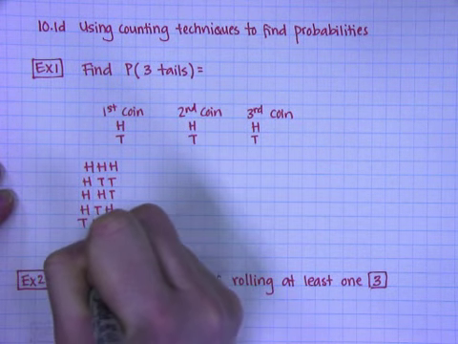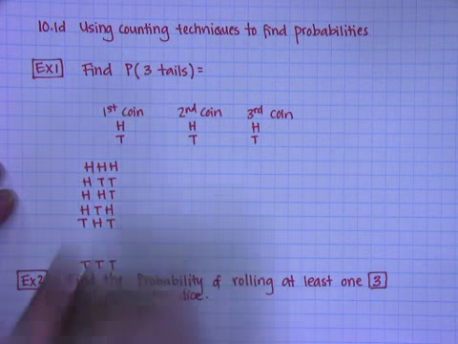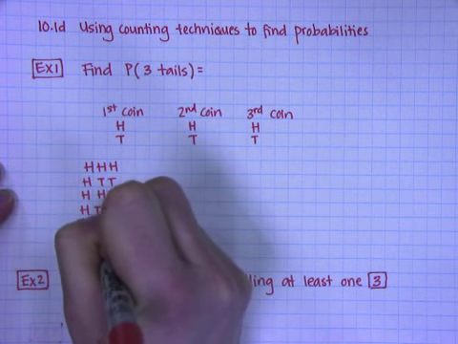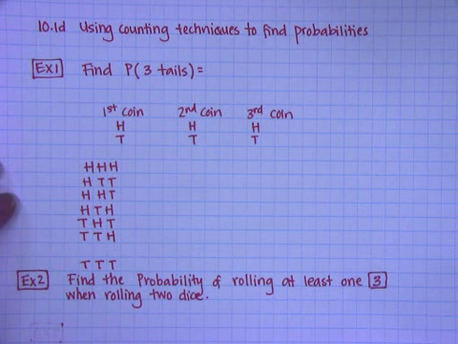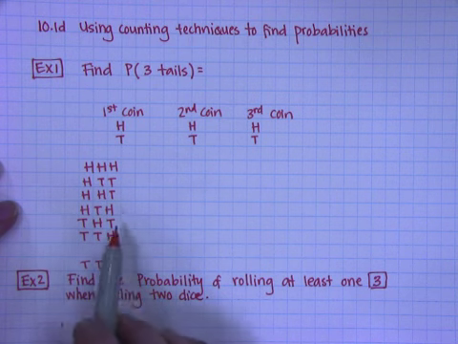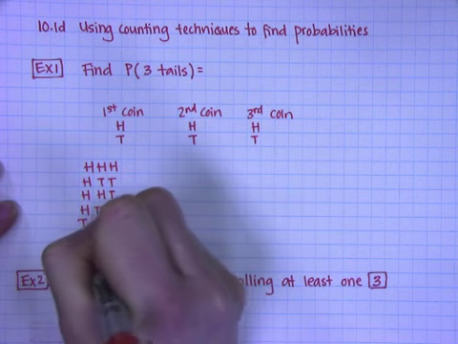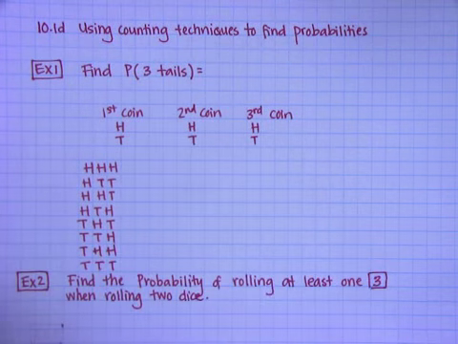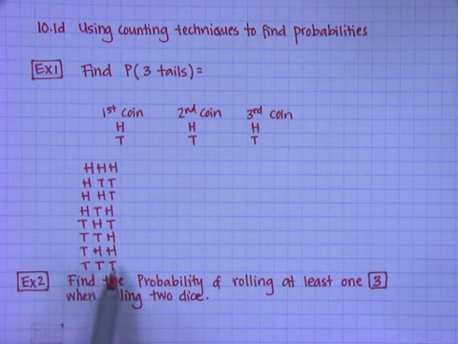I know I've got tails, tails, tails. I could have tails, tails, heads, or... which one am I missing? Oh, I could have tails, heads, heads. There we go. Okay, so I could write out all the possibilities.